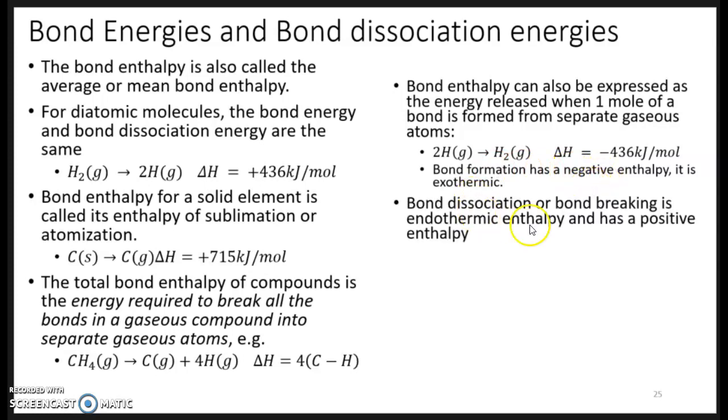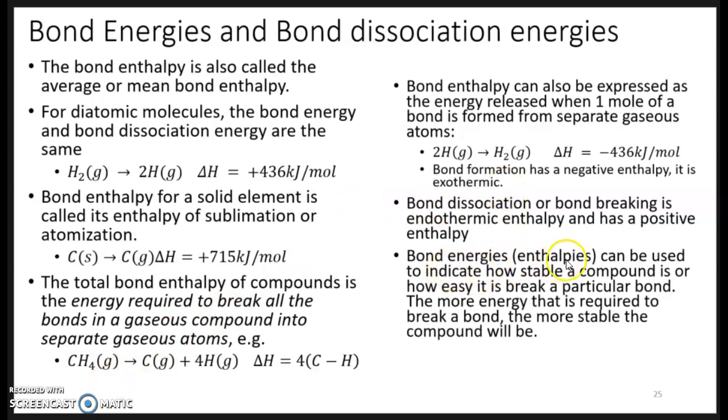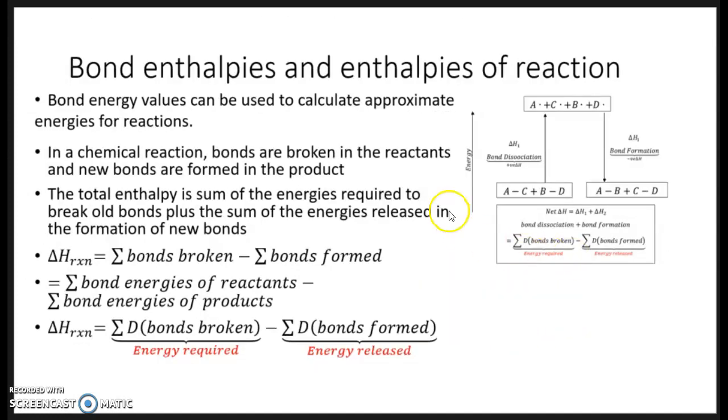Bond dissociation, on the other hand, is positive. So the bond energies can be used to indicate how stable a compound is. The more energy required to break a bond, the more stable the compound is.